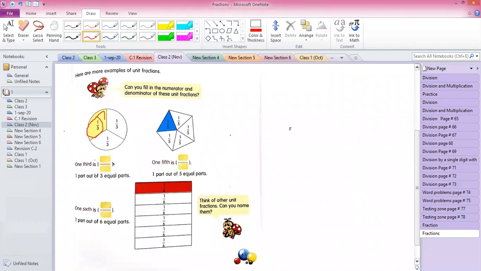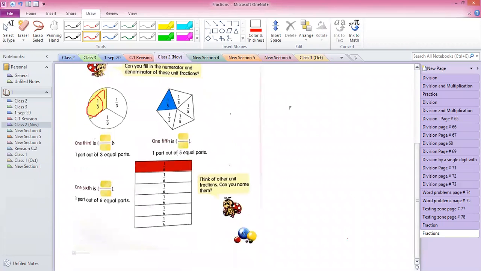Look at this figure, 1 over 5. Wait for a while. Let me make it bigger for you.